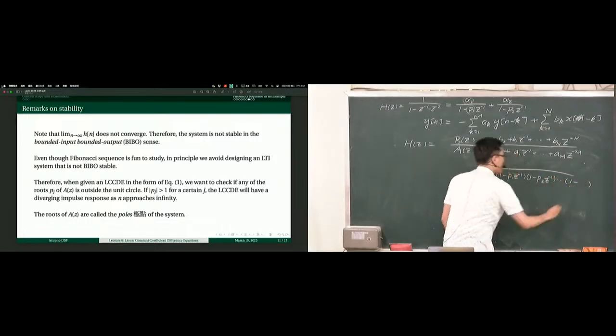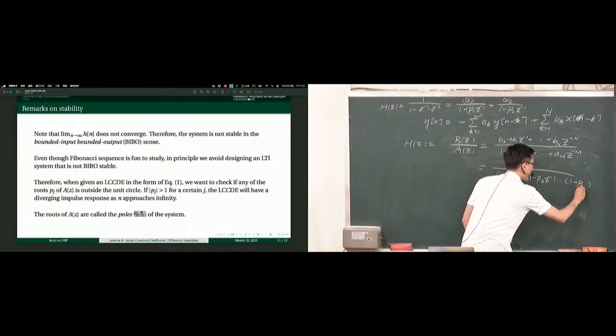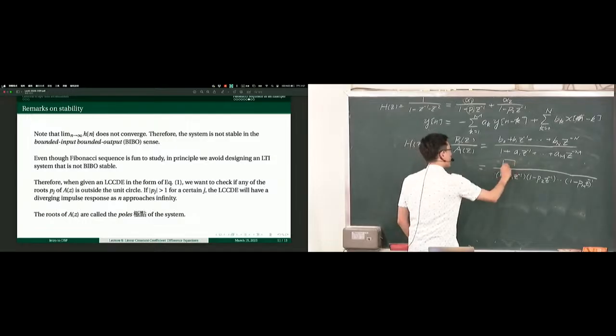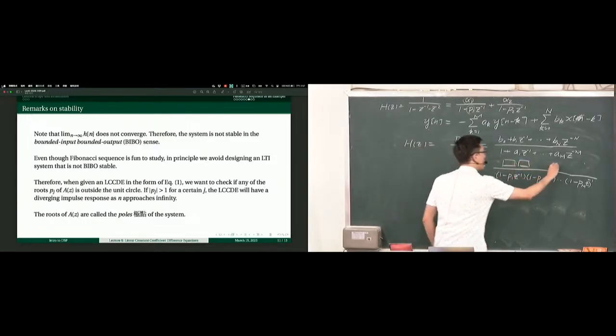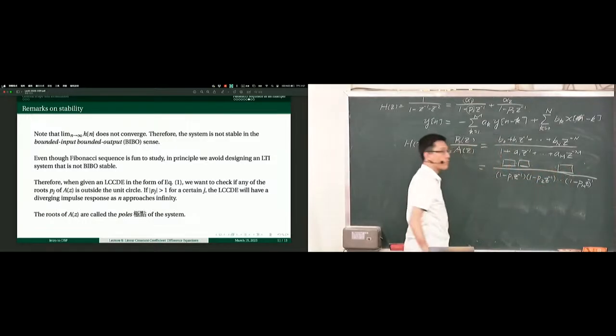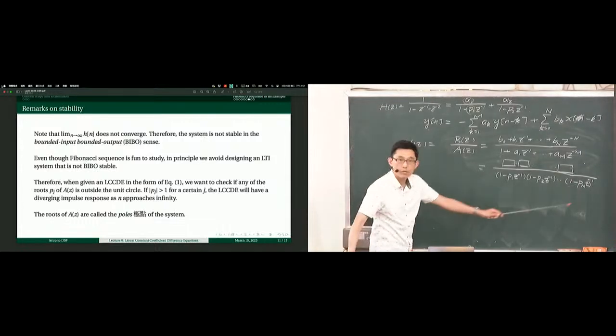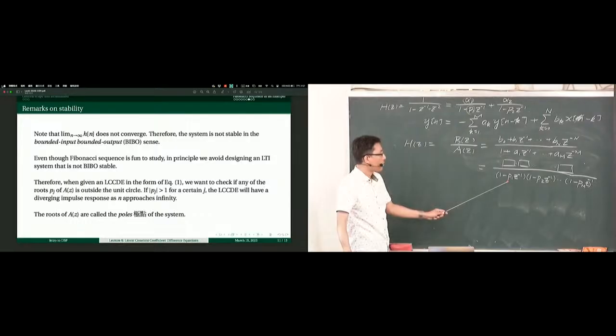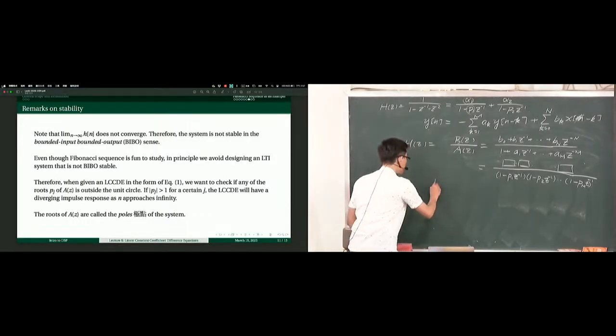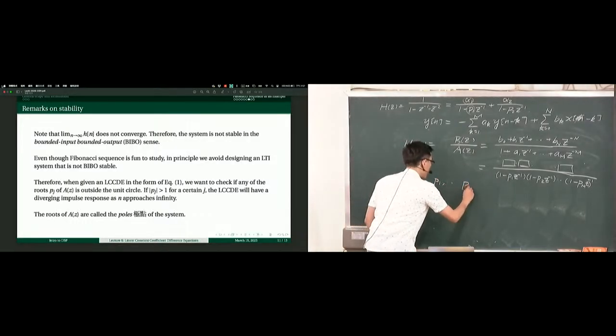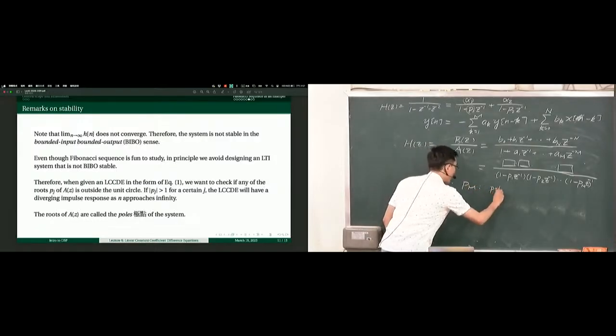In general, it should have N roots. The roots of A of z, which are p1, p2, all the way to p_N, are called the poles.